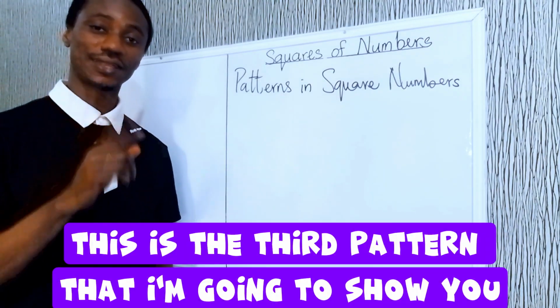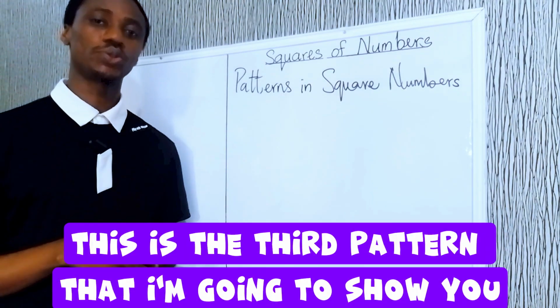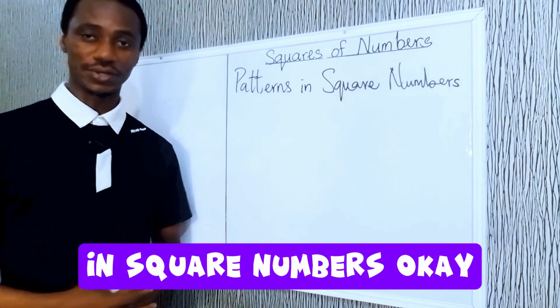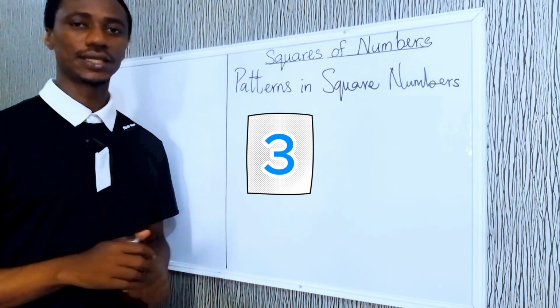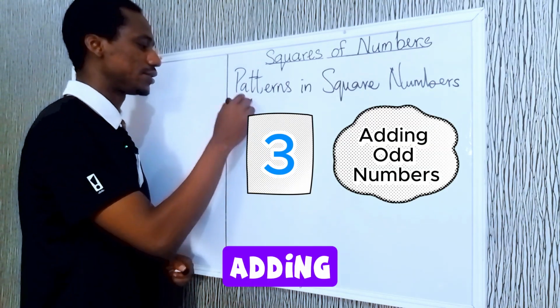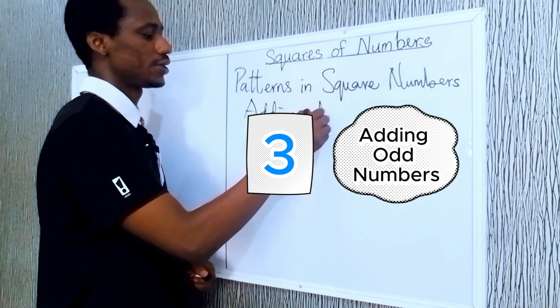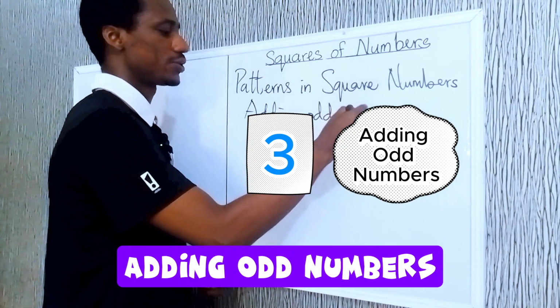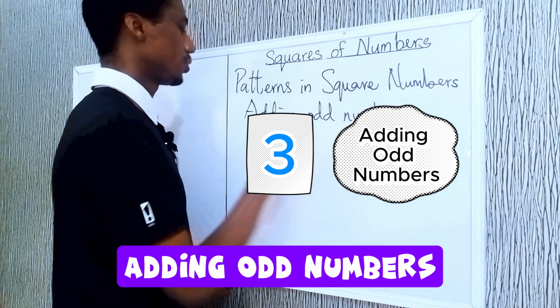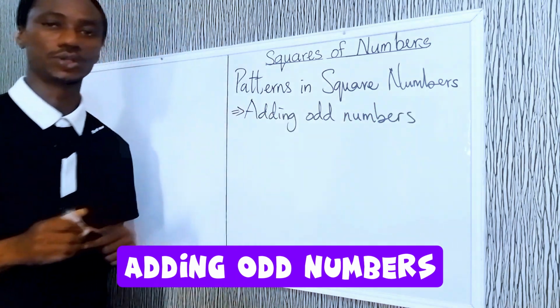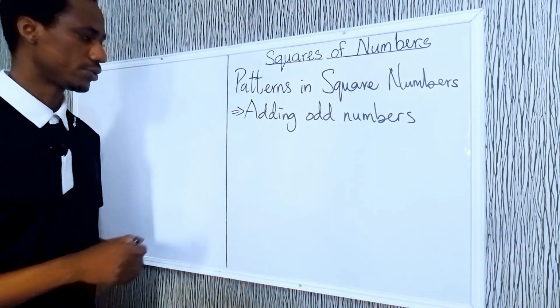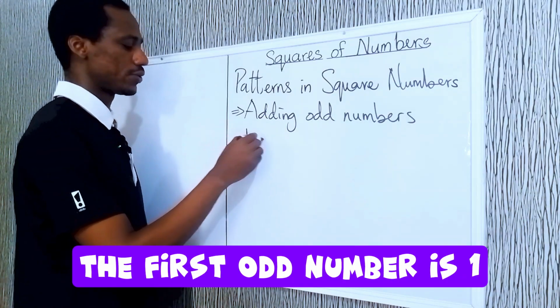This is the third pattern that I'm going to show you in square numbers, and this one I'll call adding odd numbers. Let's do something. The first odd number is 1, right?